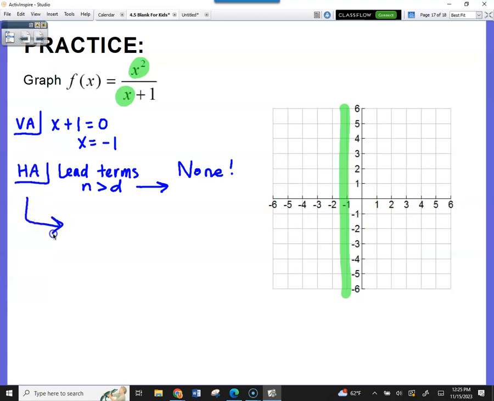Instead, there's a slant, or as it's sometimes called, oblique. How do you find it? Either long division or synthetic division.